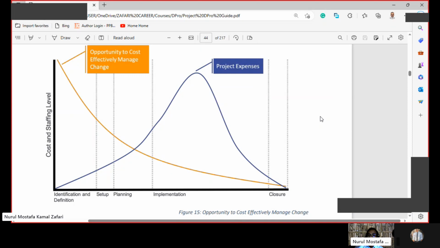So we have the opportunity to bring change in terms of cost, in terms of staffing, in terms of everything. But when the project phases evolve, if we bring change, project expenses will rise, and our opportunity to bring change is reducing.